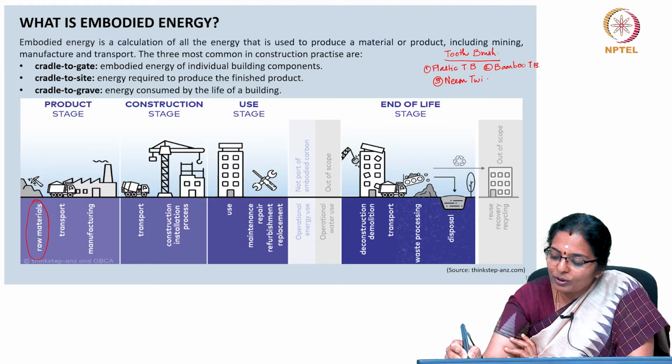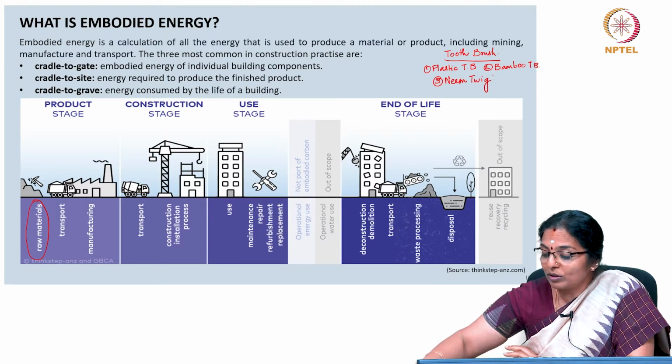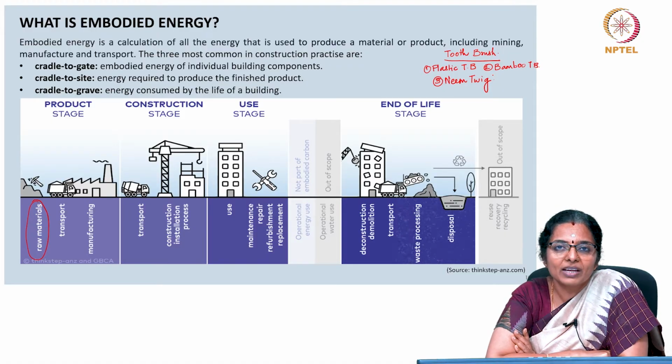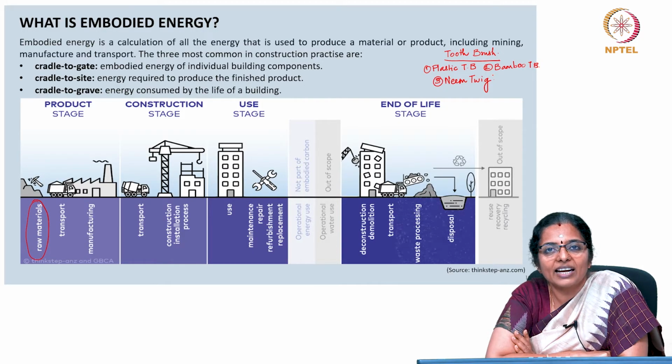I hope you know how the bristles of the neem twig are made. They just chew the neem, soak the mouth in the neem, and then the end of it, because it's bitten, the twig end is chewed and you get bristles. Look at the embodied carbon of all three for the same purpose.